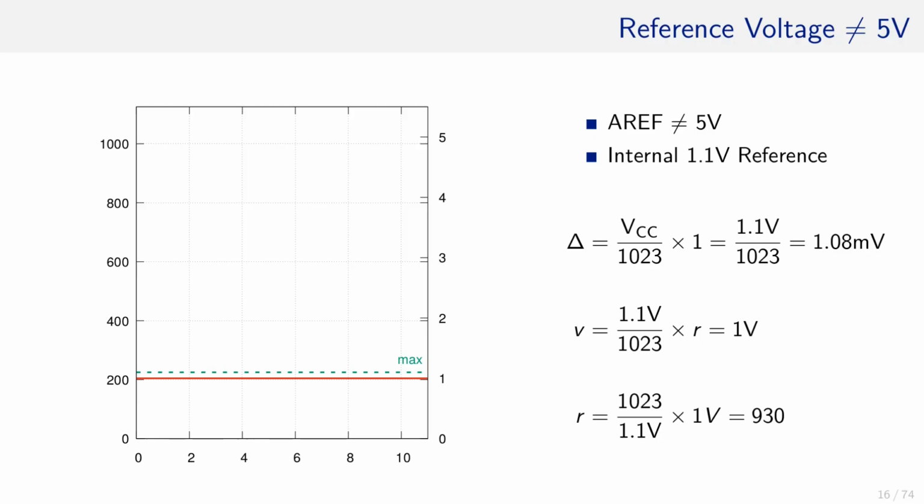For convenience, a voltage of 1.1 volt is generated internally, and we configure the ADC to use that one instead. We will come back to this a little bit later, and we will see what else we can do with it. For now, let's talk about the other pins.